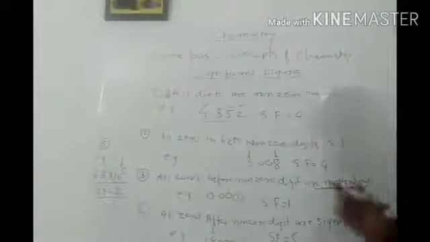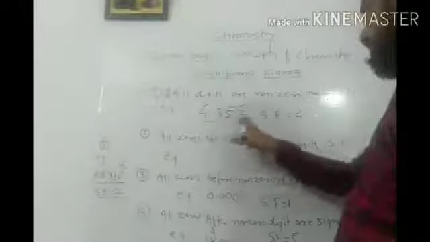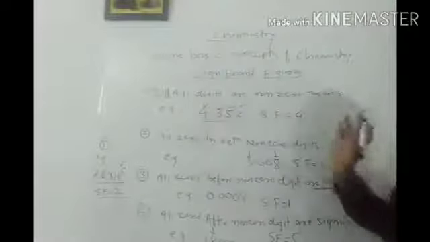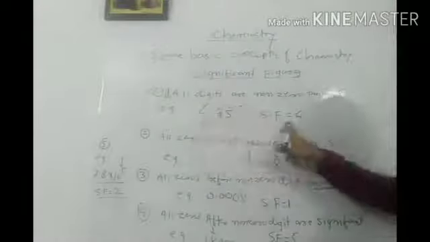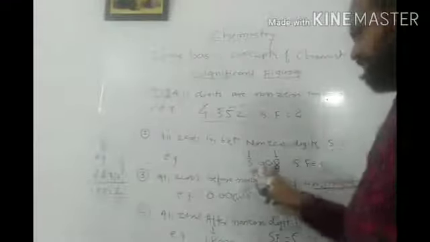The first rule: all non-zero digits are significant. For any example with all non-zero digits, you simply count the digits and write it down, so here the significant figure count is 4. Second, all zeros in between non-zero digits are also significant, meaning trapped zeros.